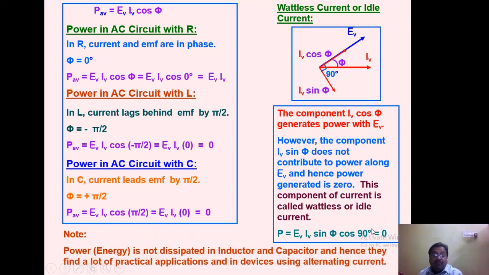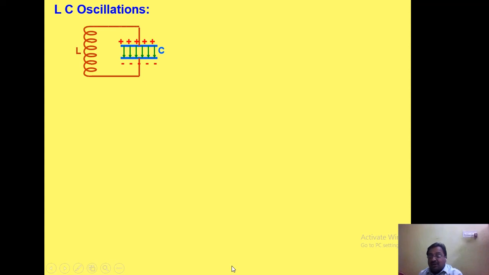So power is not dissipated if phi is 90 degrees. That means if it is an inductor or a capacitor, no power is expended. Hence they find a lot of practical applications in devices using alternating current. So this is how we can explain what is wattless current.